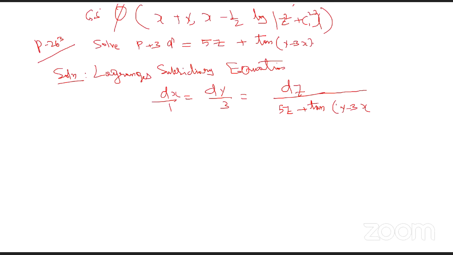Then taking the first two ratios, integration dx equals integration 1 by 3, we will take outside, dy.